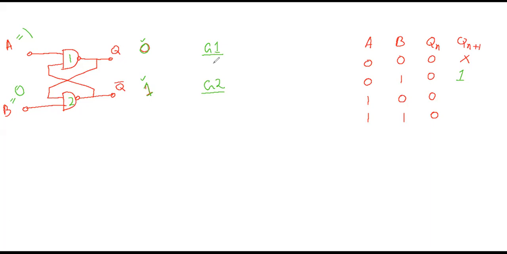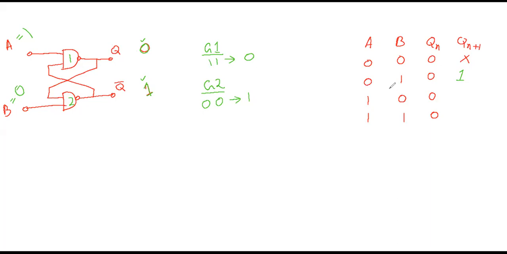1, 1. So 1, 1 will give you 0. Fine. So what are the inputs at gate 2? 0, 0. So nice. So 0, 0 will give you 1. So it is basically the same thing that I assumed. Okay.